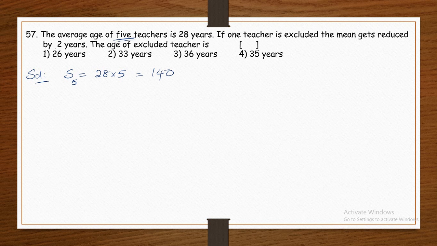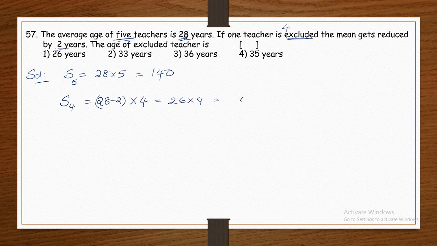Next, what happened? One teacher is excluded. So now how many teachers are there? 4. Then the mean gets reduced by 2. What is the new mean? It is 26. So the sum of 4 teachers is 28 minus 2, that is 26, into 4.